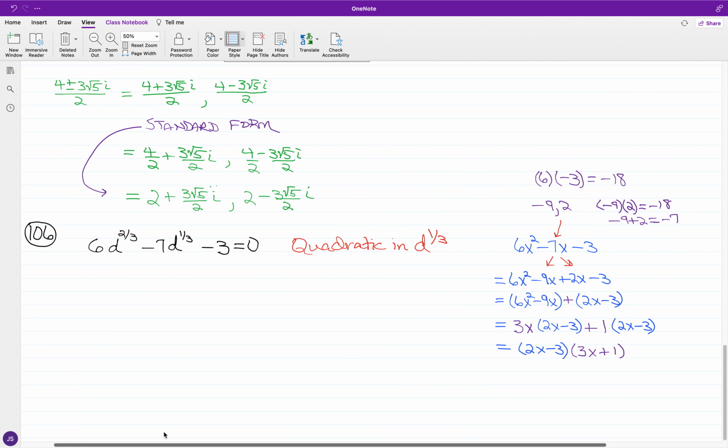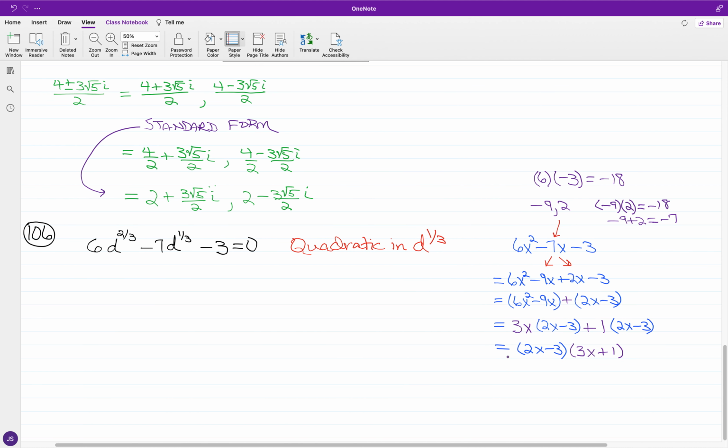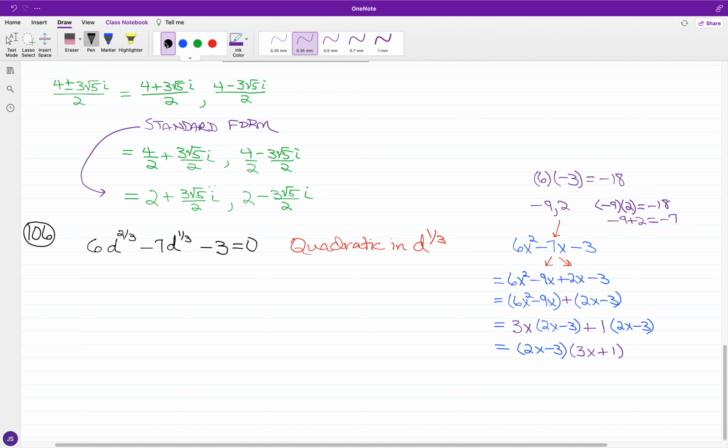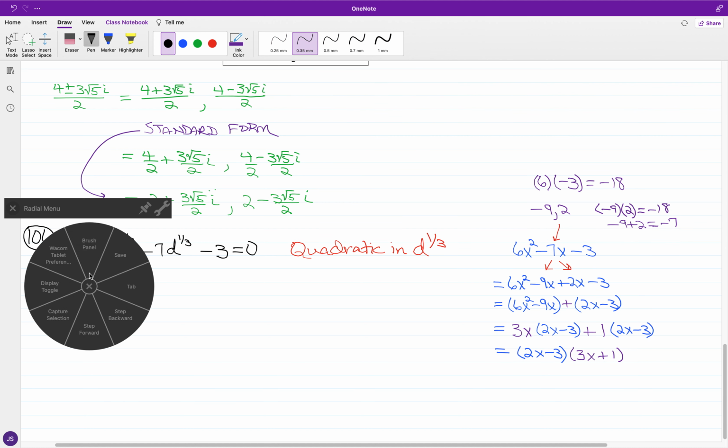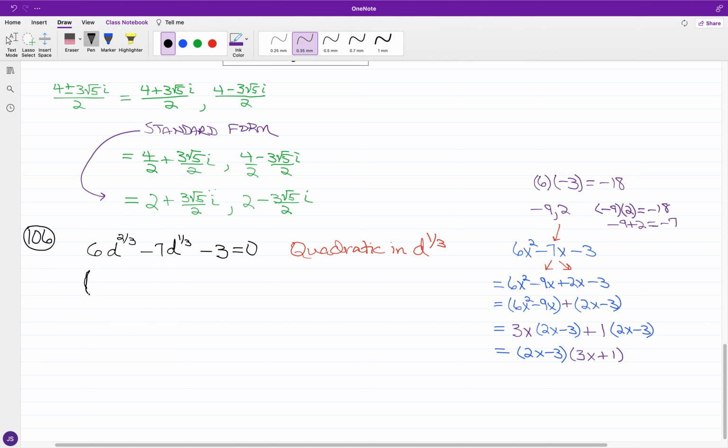I'm not working with x squared and x, but d to the 2/3 and d to the 1/3. So just drawing a parallel, we have the same coefficients. The 6x squared factors out to 2x and 3x.